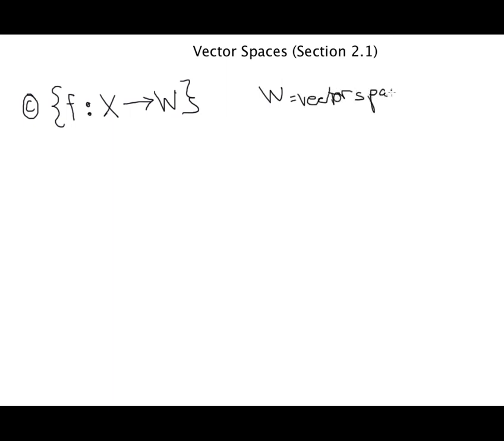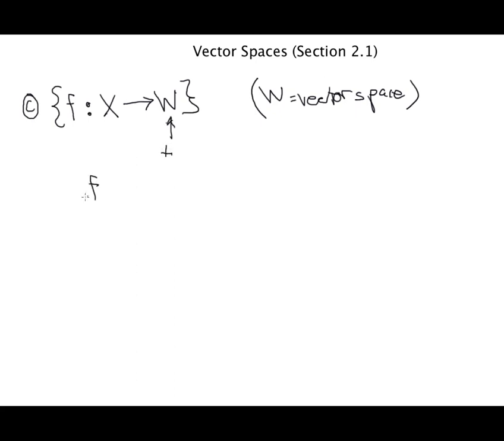So let me conclude with one last example along these lines. What about the set of functions from a set to a vector space? Well, the point is that in a vector space you have addition.